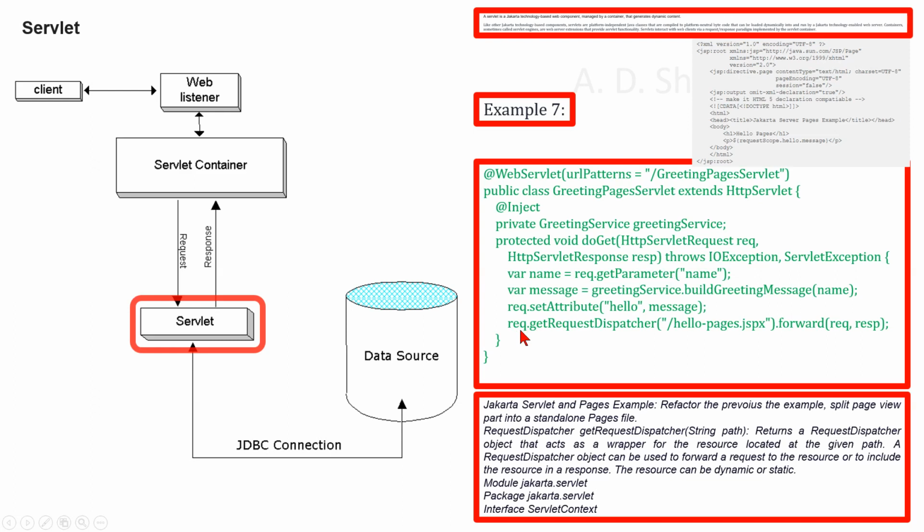Here we put the message object into the request attribute. In the page view, it can be read from the request scope directive.